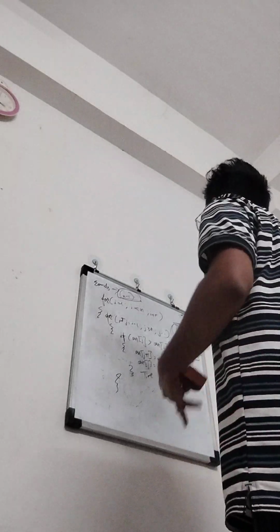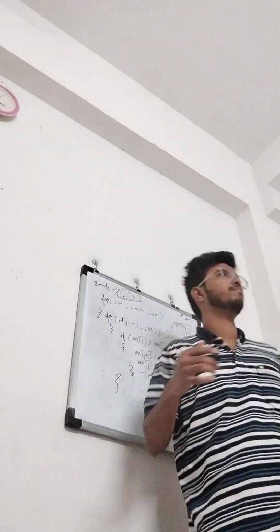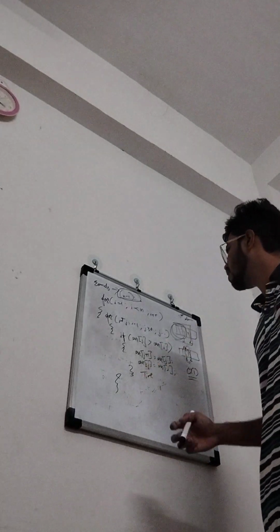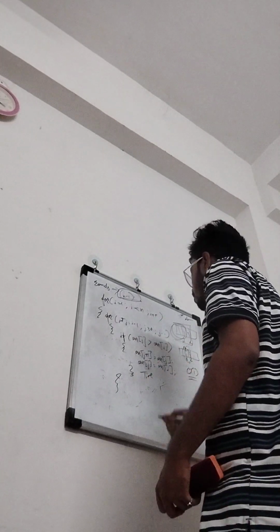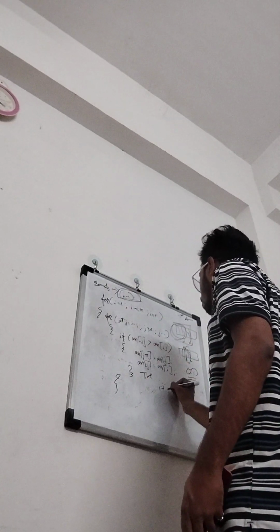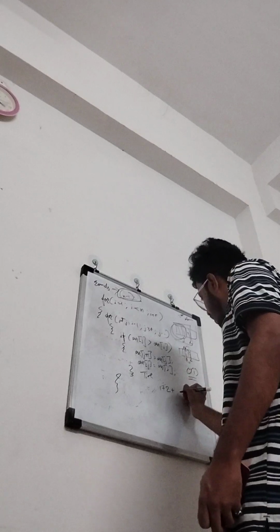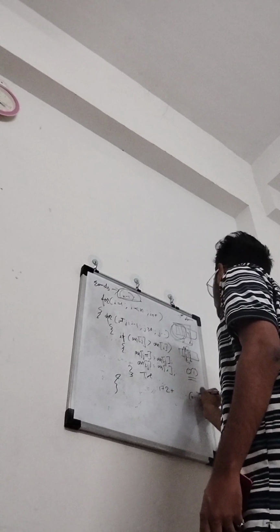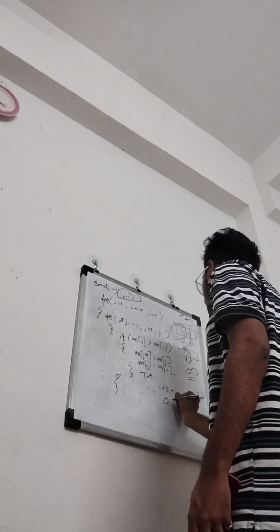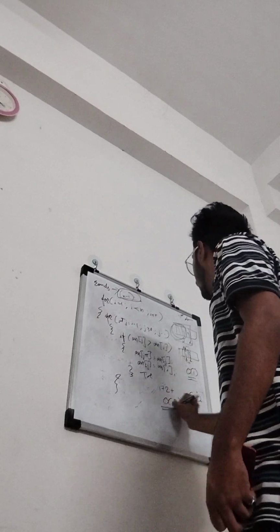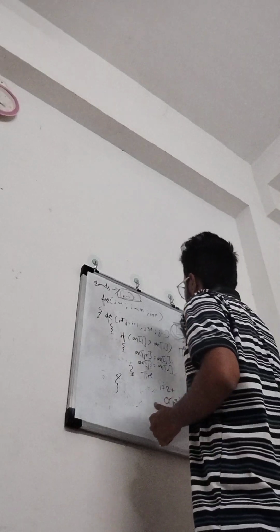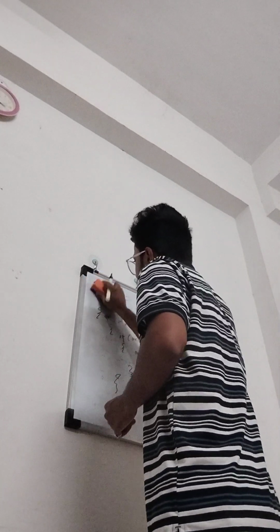Time complexity will basically be equal to the number of comparisons. So for the first round, what we did was only one comparison. For the second round, we did two, and till the last element, we will be doing n minus 1 comparisons. So it will be big O of n square, right? And so this is the time complexity.